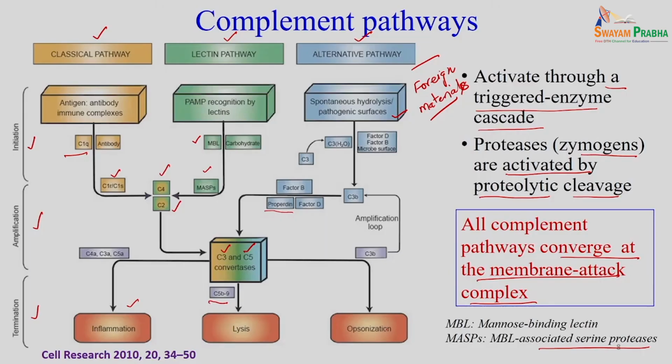So, this inflammation is coming from cascades of steps, or cascades of enzymes are involved in that inflammation. And then we also quickly discussed the complement pathways which activate the inflammation or lysis or opsonization. Thank you.